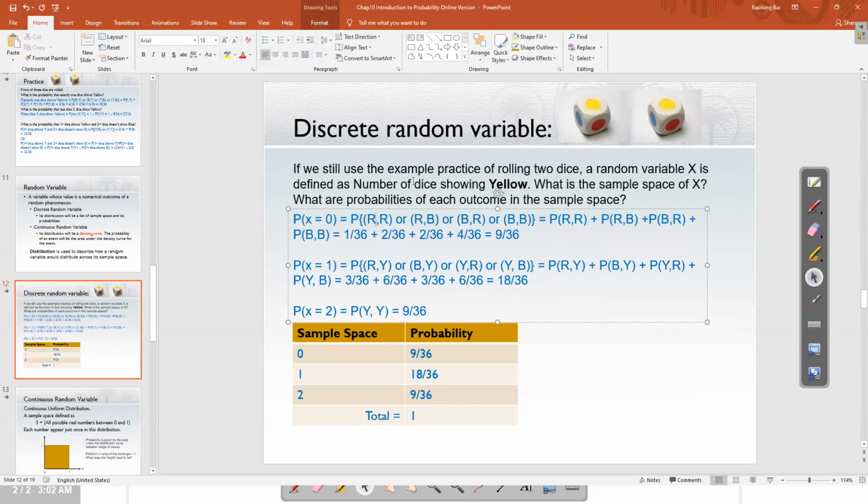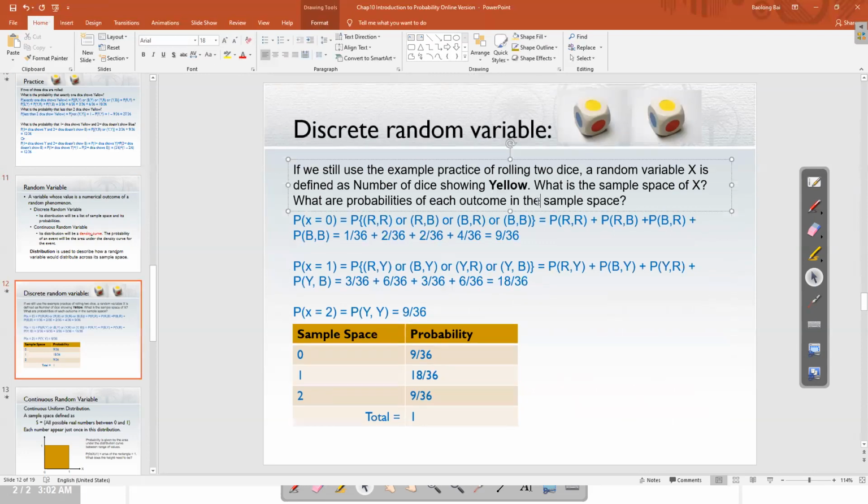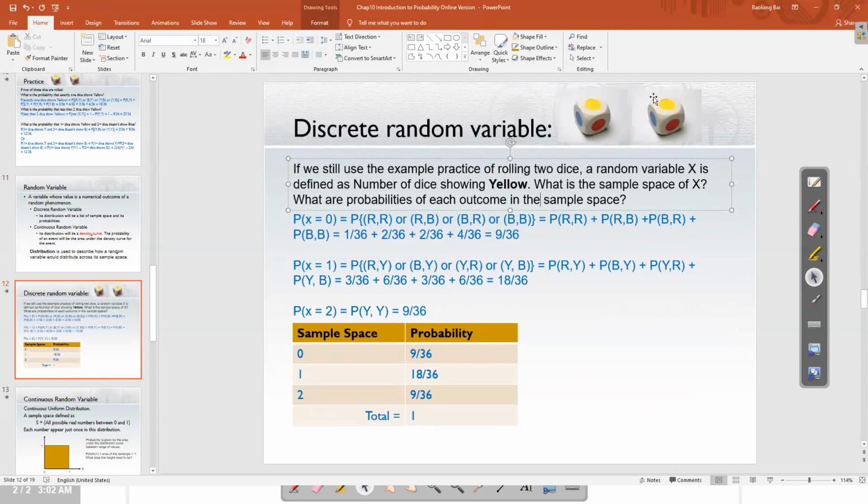All right, so first we're going to talk about the discrete random variable. So if we still talk about the two dice we just used in the earlier example, but now I'm going to define a random variable x as the number of dice showing yellow. So you're rolling two dice, and we define a variable x as the number of yellow dice.